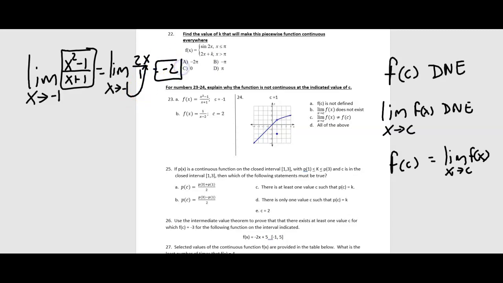So the limit actually exists. This function does have a limit at that point, and it's negative 2. So the reason it's not continuous is not because the limit doesn't exist, because it does. By L'Hopital's rule, we can see that. But the problem is that the function doesn't exist. Okay? All right, let's go ahead and take a look at part B.